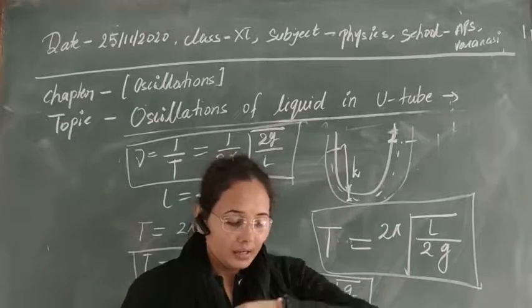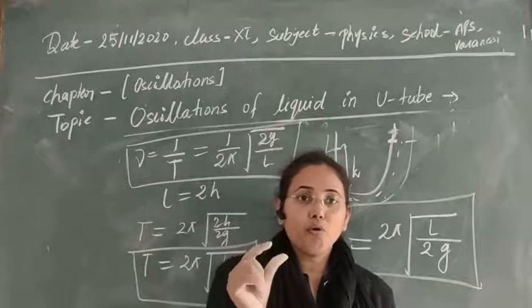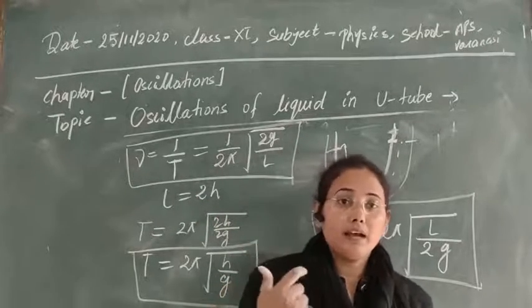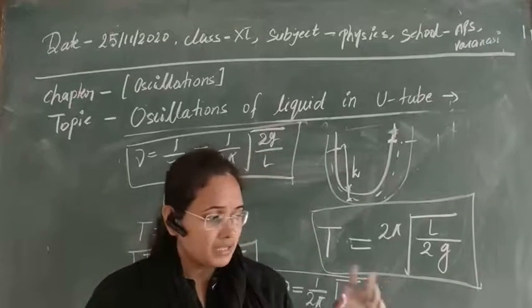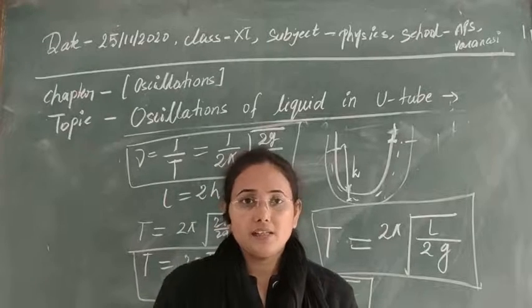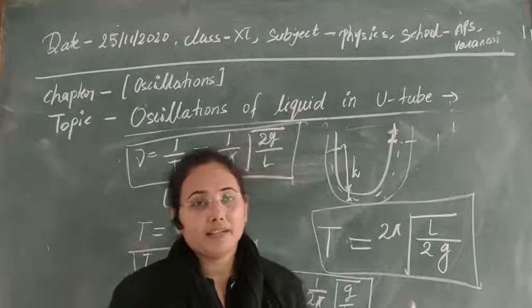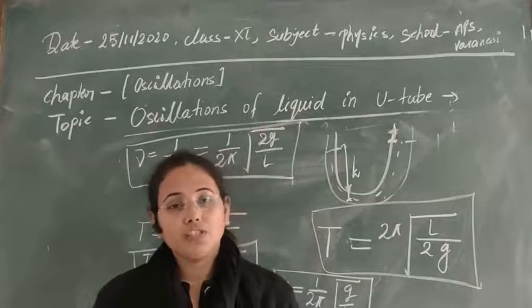Also, the mass should be a point mass, without any shape, and this is again not possible, because any mass taken will always have some shape and size. If we do not consider that factor, then obviously there will be greater error in the simple pendulum which we make.